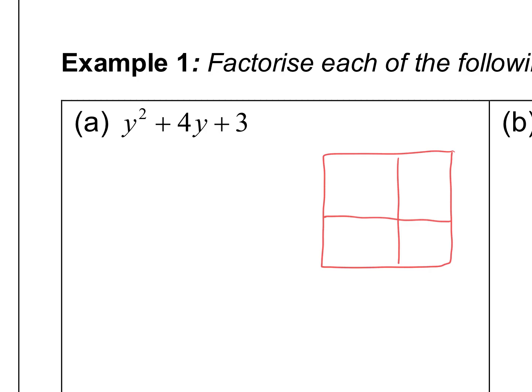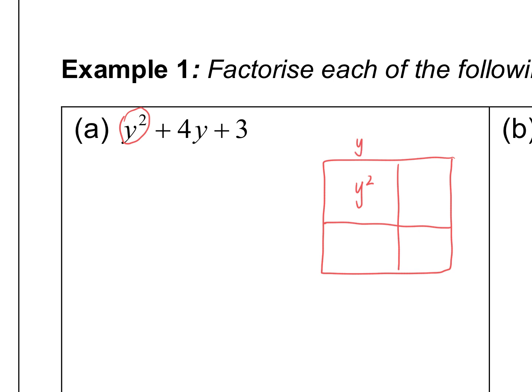You divide it this way. The first number you put here, so this is y by y. The 3 goes here, so this is 3 by 1, so that you get 3. Then you need to double check this piece. What is the area of this piece?